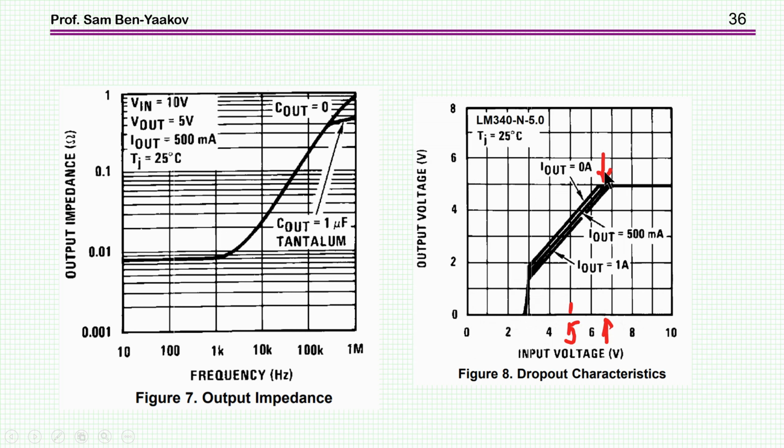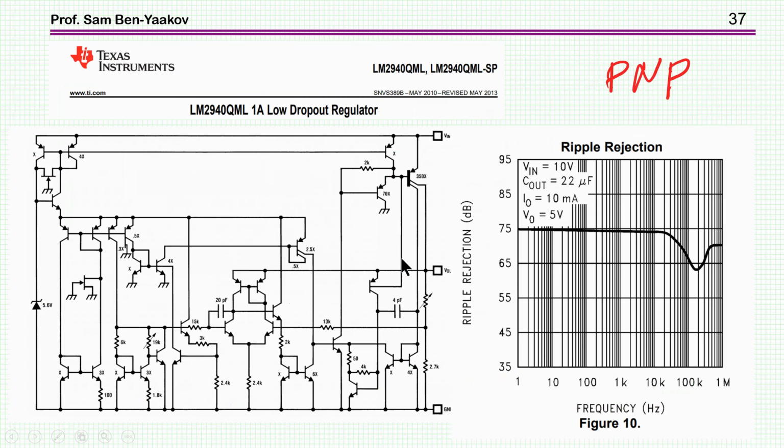And you see that it stabilizes to 5 volt when the voltage at the input is about, say, 6.5. So it's a 1.5 volt dropout for this unit, which is typical for NPN transistor type pass elements.